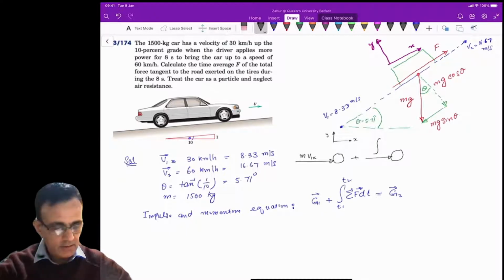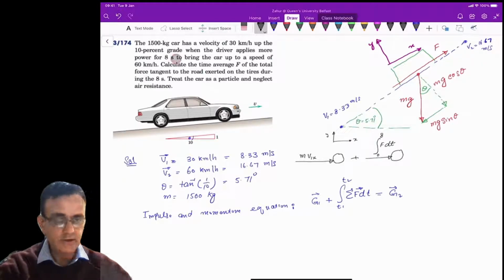And the time is given, which is 8 seconds here. So the time will be from 0 to 8, and this will be F dt. And then this component of the weight, which is in the negative x direction, we should also write.